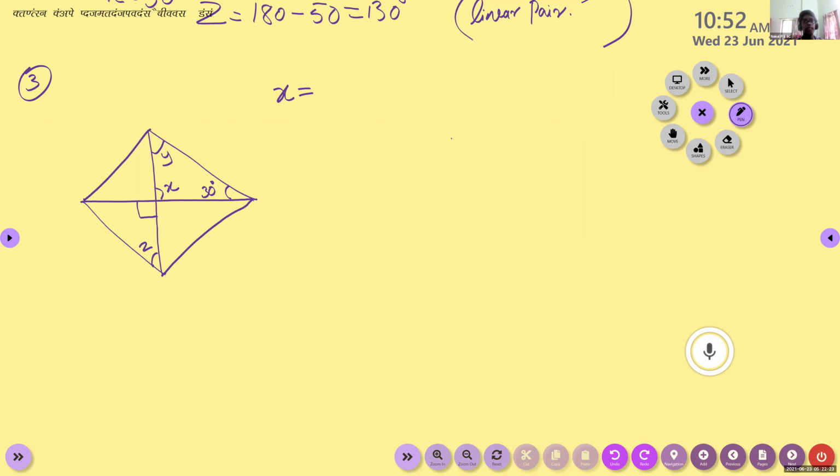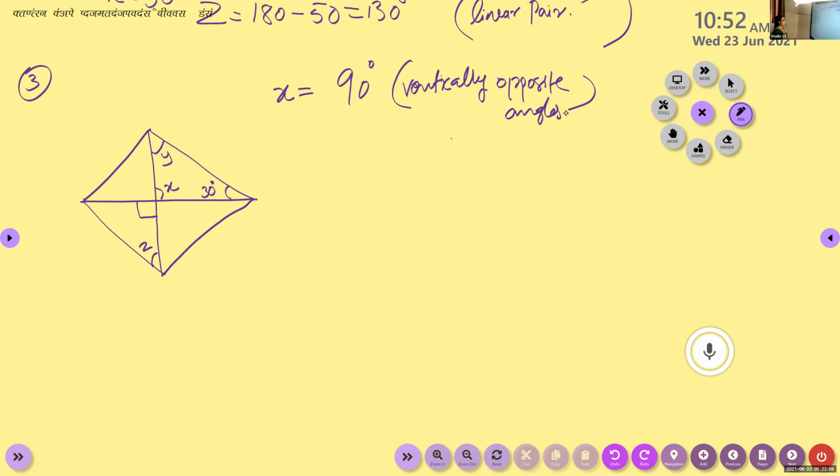Why is x 90 degrees? Write the reason in brackets. Interior angles? Ma'am, vertically opposite angles. Vertically opposite. So we got x.